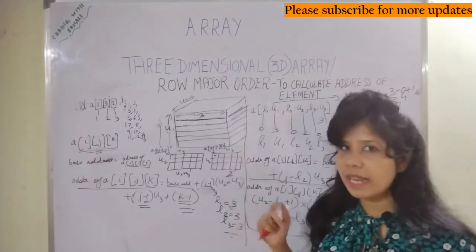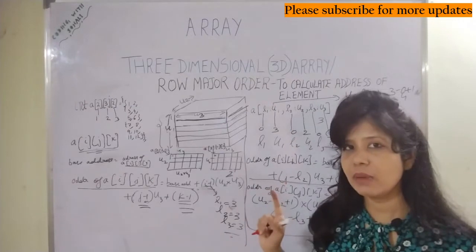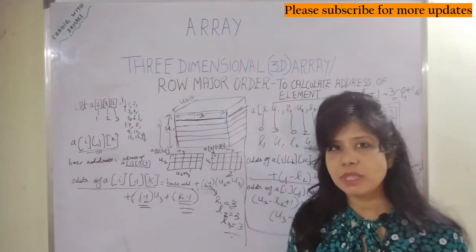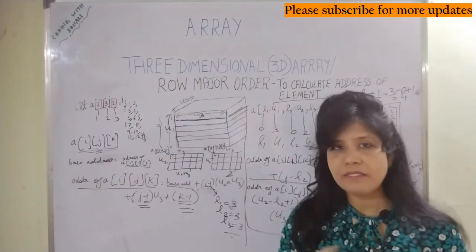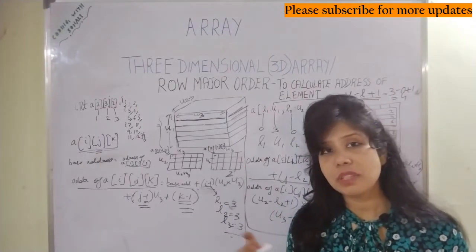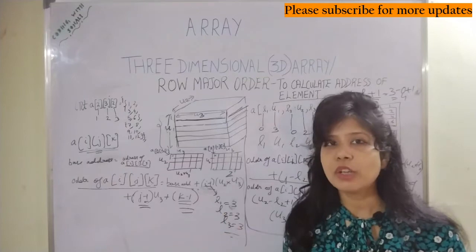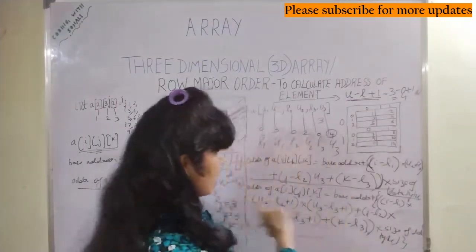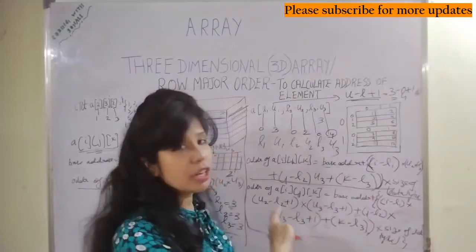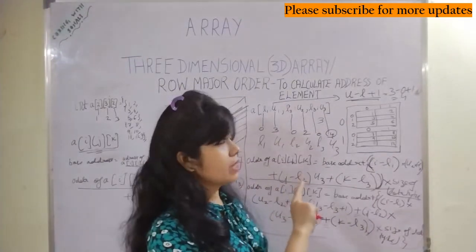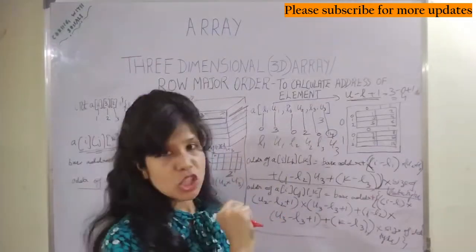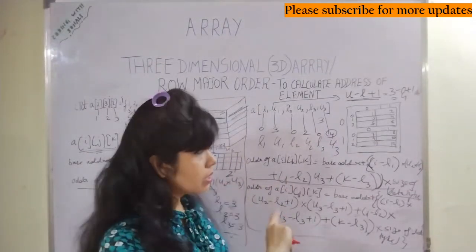So this is the final formula to get the address of an element using the row major order. Next we will take one example and solve one problem in which we are given the dimensions of the array and asked to calculate the address of the element using the row major order in the 3D array. We will use the same formula which I have constructed here and find the address of that element. How do we check whether that address is correct, whether this formula is correct?